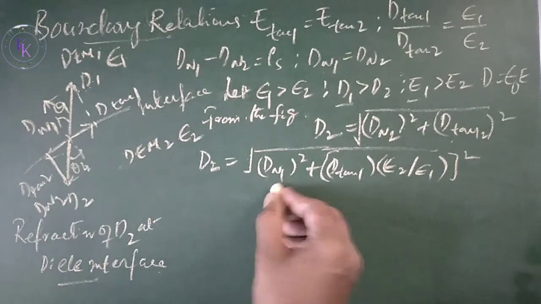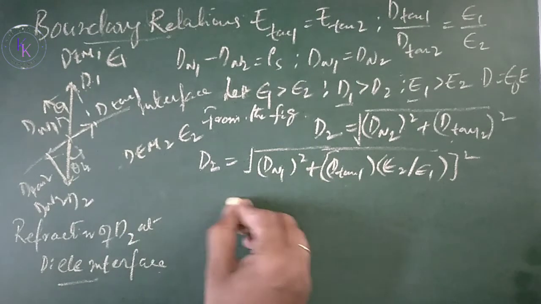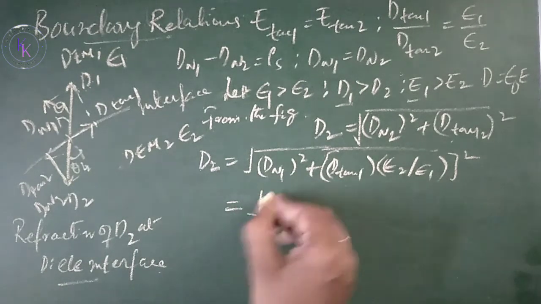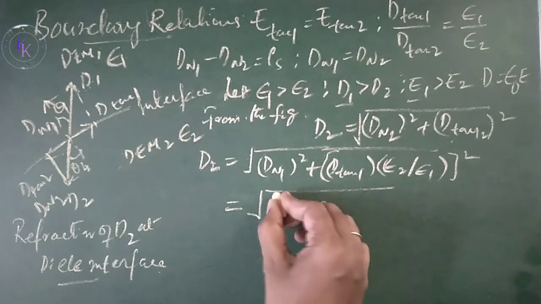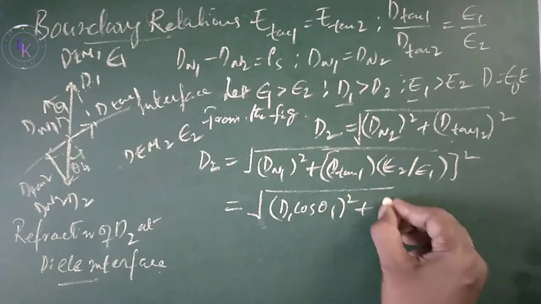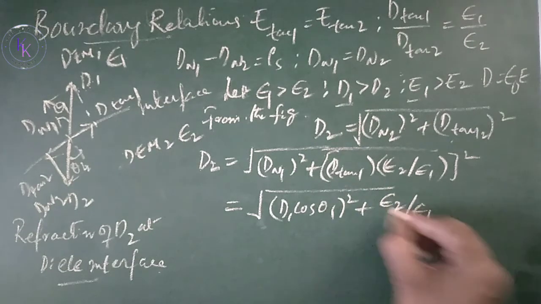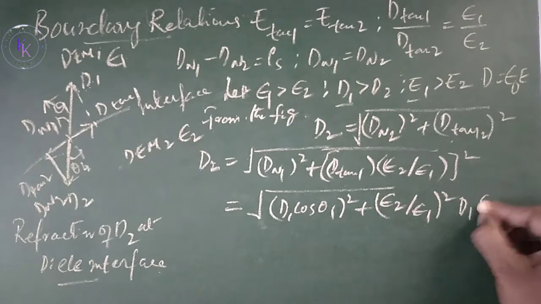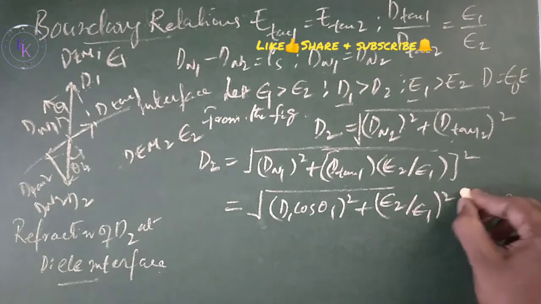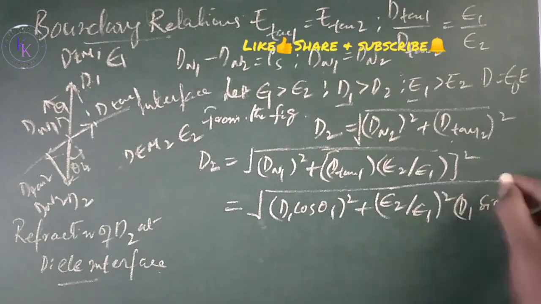Substitute the values of D n1 and D tan 1 from the figure. Then there is the square root of D1 cos theta 1 whole square plus epsilon 2 by epsilon 1 whole square D1 sin theta 1 whole square.